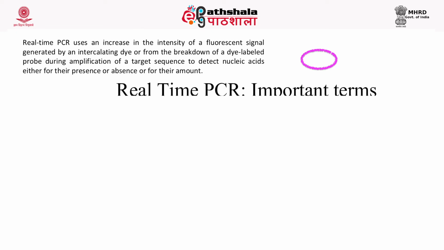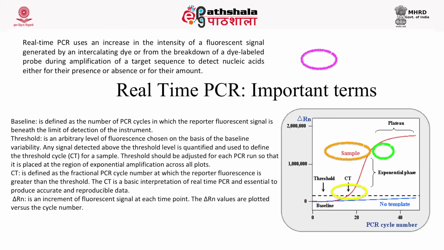As you can see in this graph, there is a baseline. This baseline is defined as the number of PCR cycles in which the reporter fluorescence signal is beneath the limit of detection of the instrument. The next important term here is the threshold. Threshold is an arbitrary level of fluorescence which is chosen on the basis of the baseline variability.